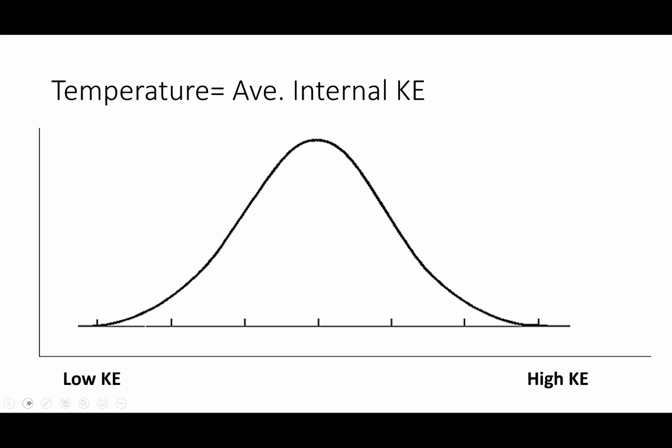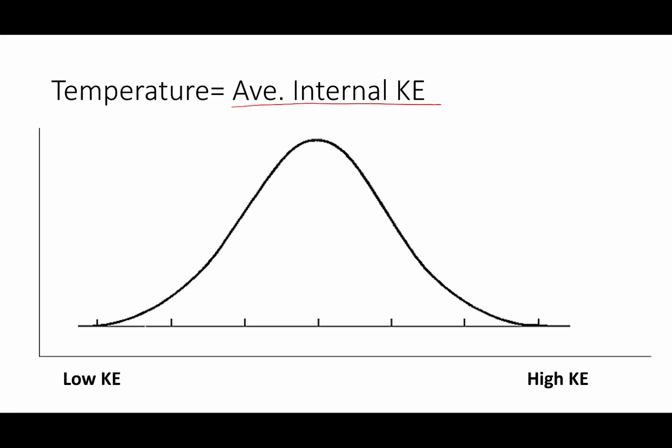Now, here's a weird thing about temperature. Since this is the average internal kinetic energy of the molecules of a substance, we are talking about a mathematical average. You've been in enough classes in your lifetime, you've probably heard about a bell curve.